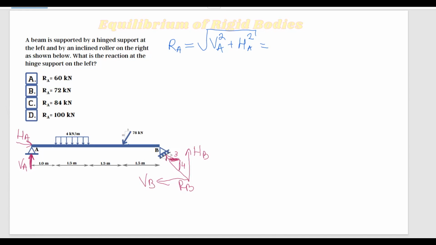HB, let me write this down. So HB is going to be equal to, again, 3, 4. That means that this hypotenuse is 5. We're going to have 3/5 multiplied by RB, and VB is equal to 4/5 multiplied by RB.